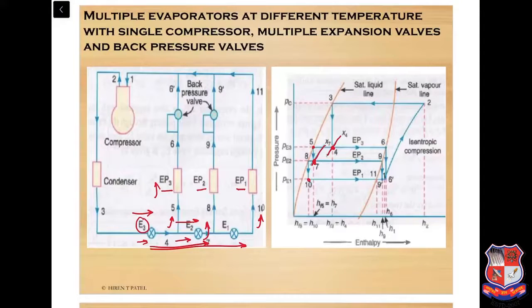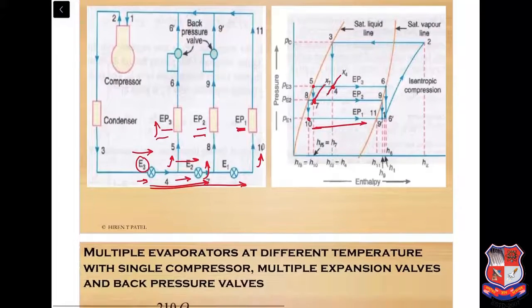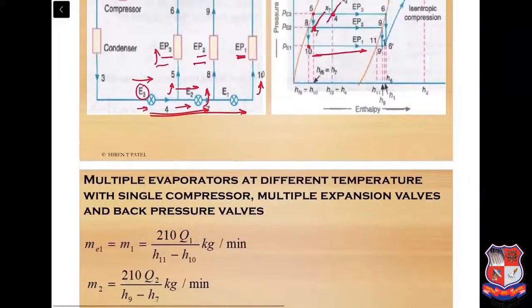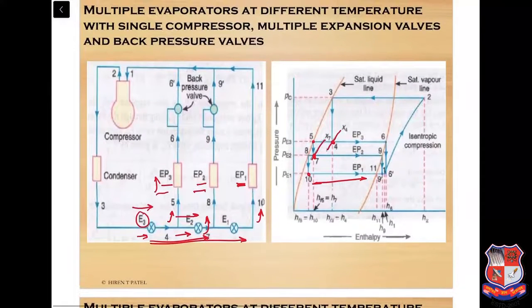The refrigerant reaching the first evaporator has the maximum COP, or we can say the lowest temperature, and in the second and third, in increasing order, the temperatures are different. So here also for the different evaporators there are different loads, that is Q1, Q2 and Q3.